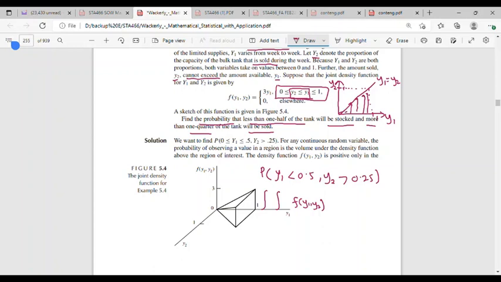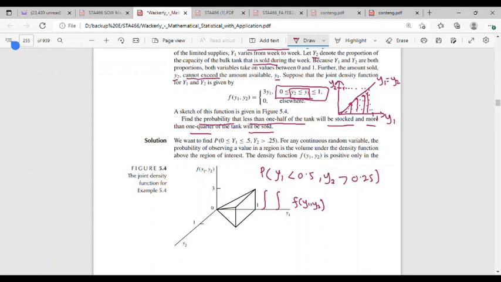Di bawah ni. y1 pula daripada 0 sehingga 1. Ataupun daripada y2 sehingga 1. Tapi y1 ni boleh merangkumi 1 lah until 1.